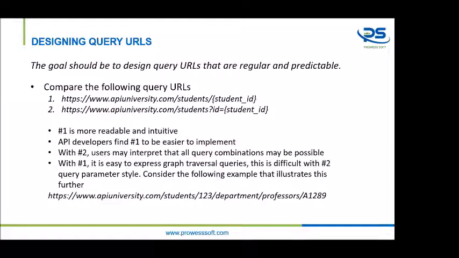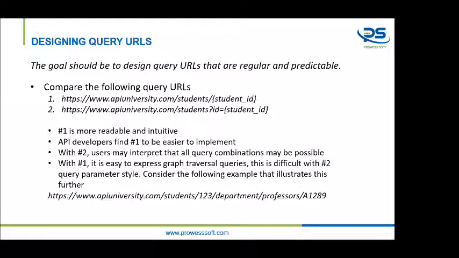Okay. Another reason you would use path parameters is that you would be able to do graph traversal. When I say graph traversal, this is kind of traversing through the object representations at each level.